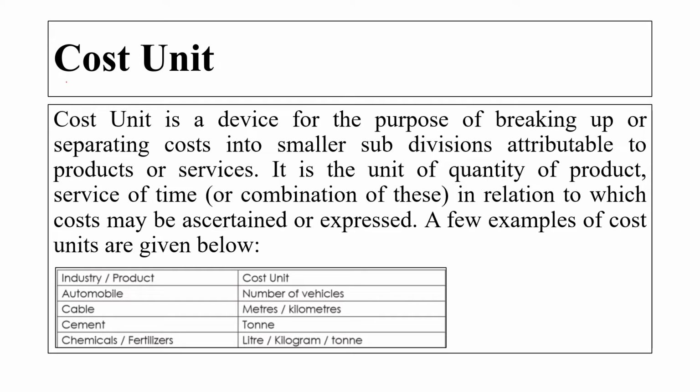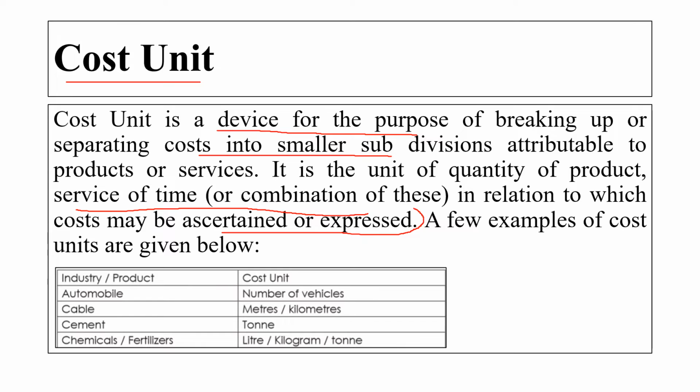Then there is the cost unit. A cost unit is a device for the purpose of breaking up or separating the cost into smaller subdivisions attributable to the product or the services. It is a unit of quantity of the product, service, time, or a combination of those in relation to which the cost may be ascertained or expressed.